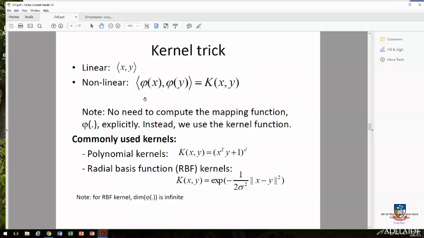We only need to know the inner product of this mapping function. So the two popular kernels we can try, one is the so-called polynomial kernel. Remember here D is a hyperparameter. You have to choose a D before you train the algorithm. In most of the cases, you just set D to be 2.